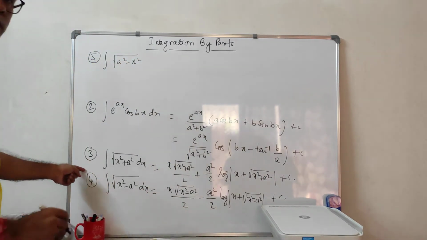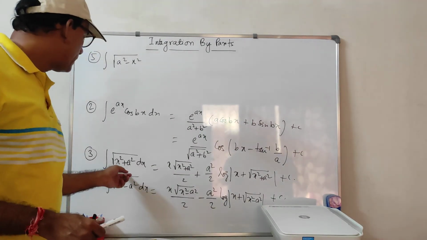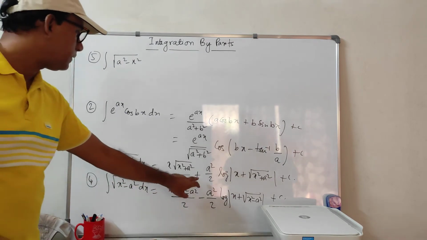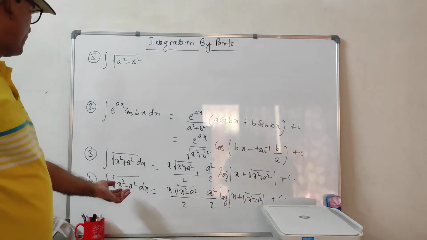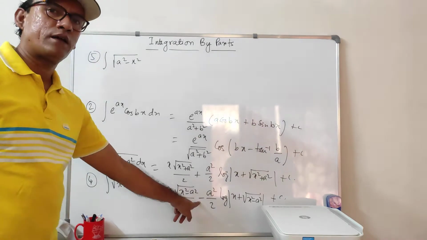Now what is the difference between 3 and 4? Similarly, if under square root sign plus is there in the middle, plus will come. If minus is there in the middle, minus will come.